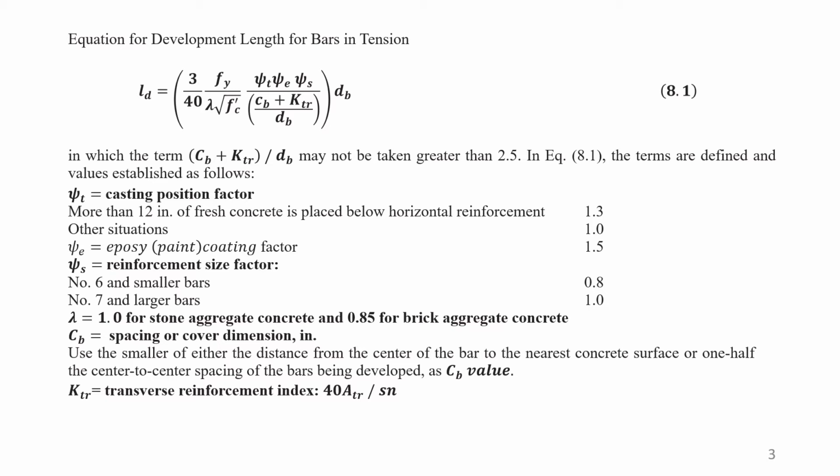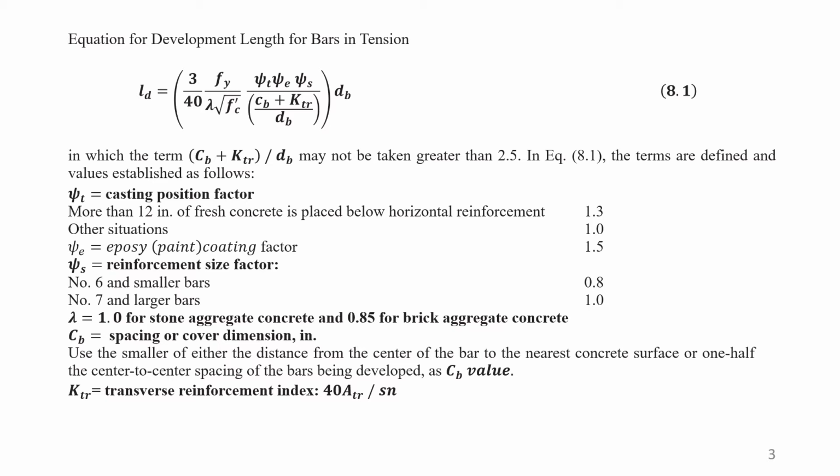We will be using different types of rods, different sizes of rod, 5/8 inch, 7/8 inch, 1 inch, 1.15 inch, etc. Depending on the size of the bars, there will be a factor, that is psi s. We will specify these factors in numerical value later on.